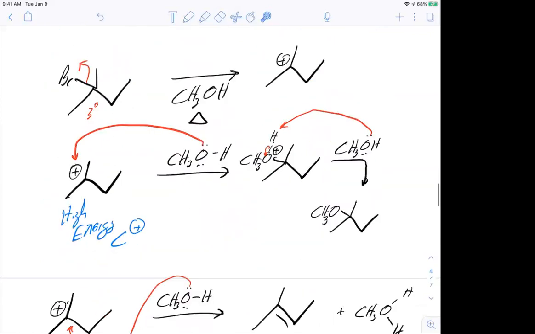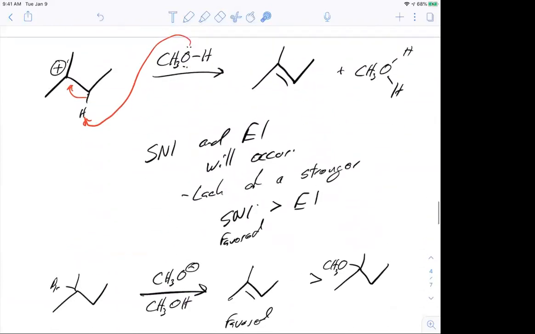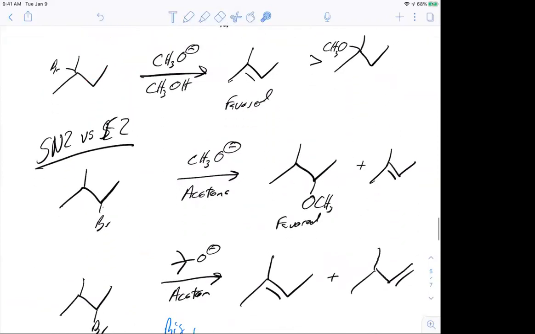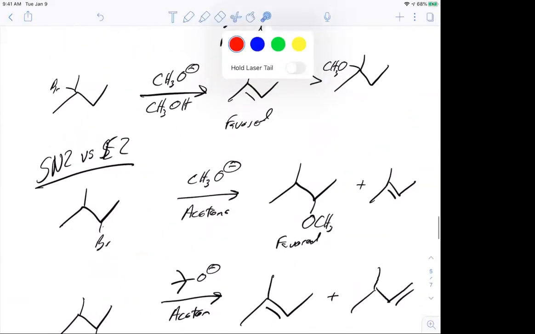In substitution elimination, don't try and figure out whether SN1 or E1 is favored. They're almost always in competition with each other. So you could have slightly more SN1 than E1, but if the question was which of the mechanisms is occurring, you're going to get both. And then for SN2 and E2, you can predict, and it has to do with the size of your nucleophile.